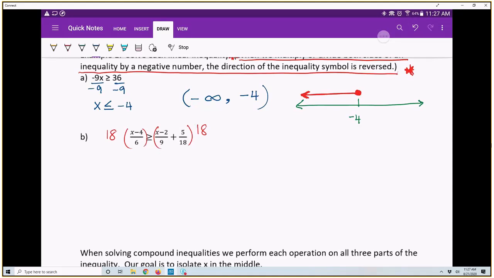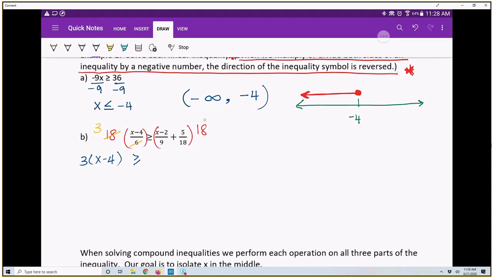So on the left side, I get to cross this out, and I have 3 times x minus 4. Now I multiplied, but I multiplied by a positive number. That means my inequality stays the same.